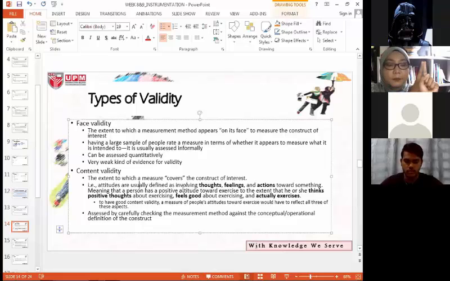Okay, by the expert. There are two types of expert. Academic expert. The second one is practical expert, an expert in practice. And an expert in practice can be someone living in the situation itself, or someone who manages that person. Understand? Understand the difference between face validity and content validity?